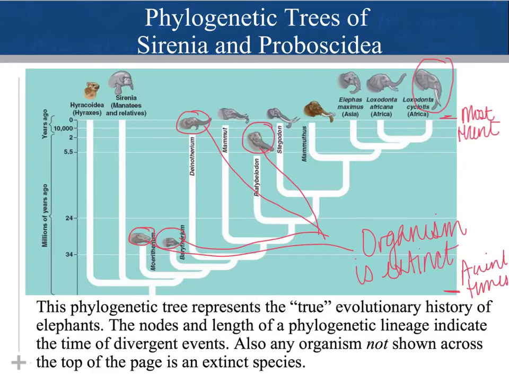So any organism that's not actually up at the top is extinct. So in terms of what's alive, and is still part of this elephant's family tree, we're looking at hyraxes, which you can see at the zoo, manatees, and then we have Asian elephants, and then the two species of African elephants. Everything else is now extinct.